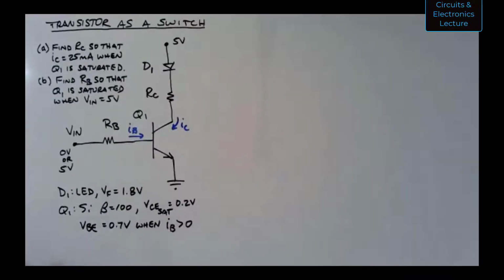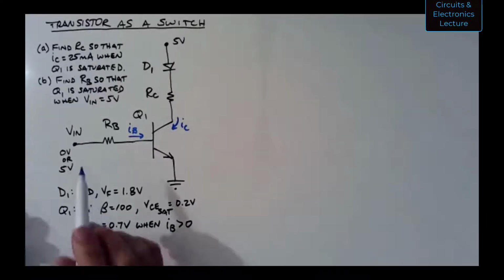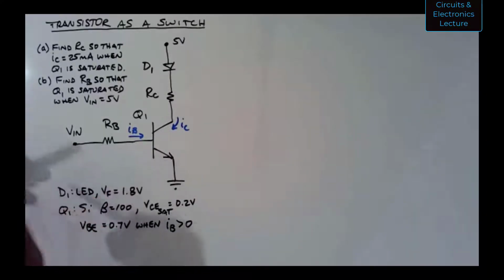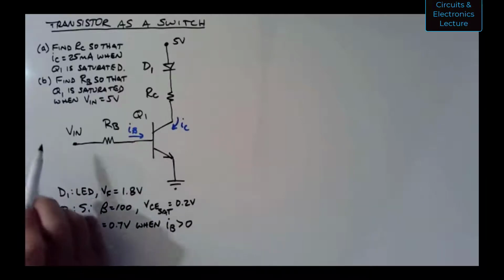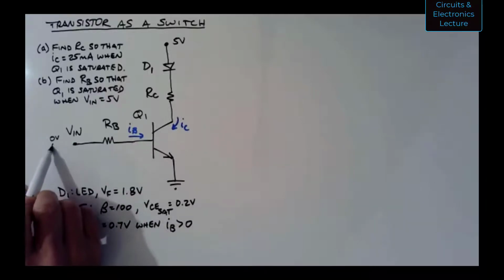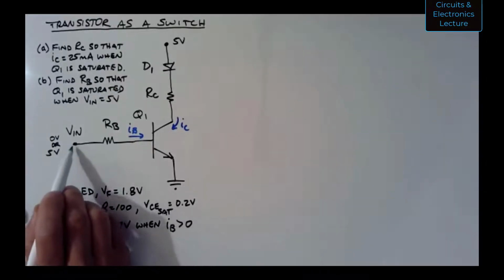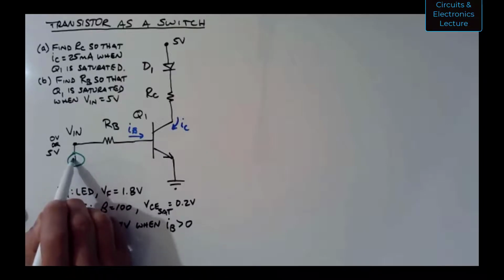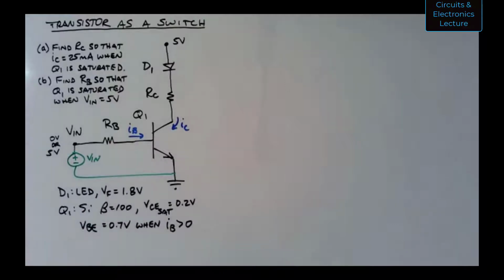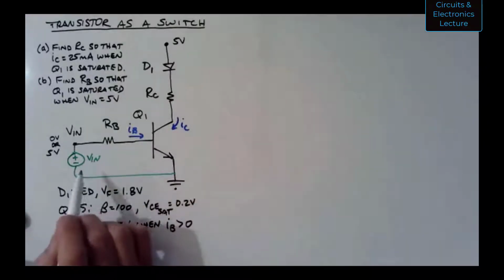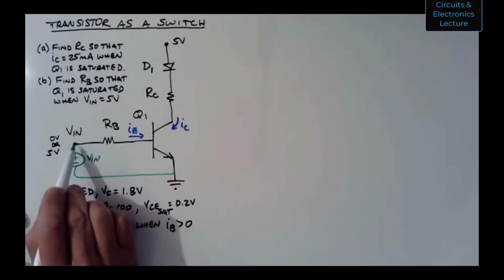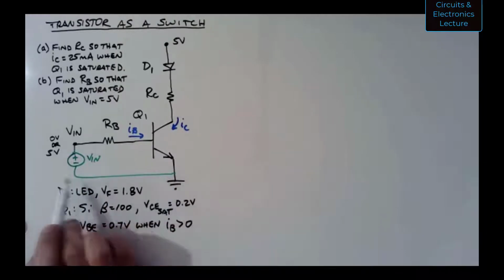Okay, so another way that this could be shown, let me show you what this implies. This will help with our KVL. So you might see just a source here like that, because remember, Vin is a node voltage here, and that implies that there's some source connected to ground.